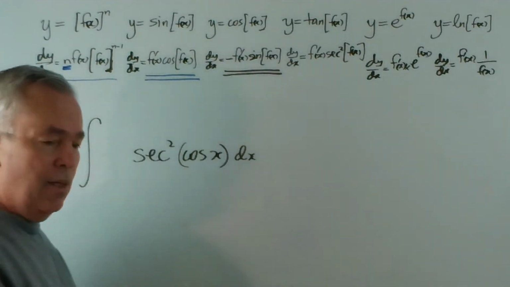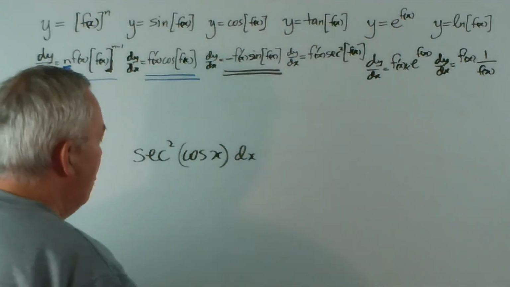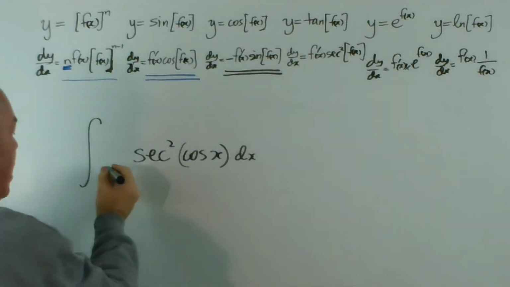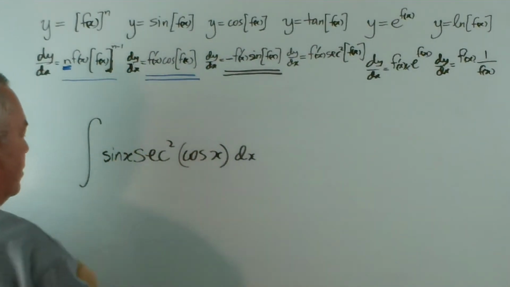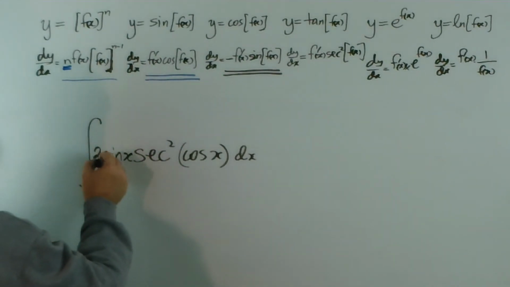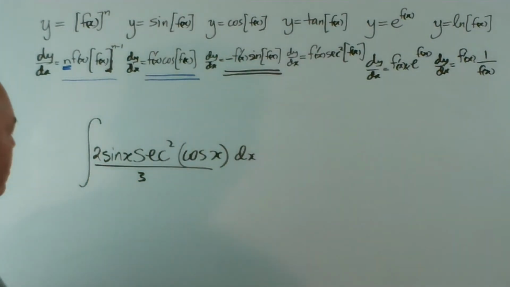But if you're doing a standard course in high school, you will have the derivative there and you should look for it. What's the derivative of cos x? Well, the derivative of cos is negative sine x. So let's imagine we've got a sine x here. And let's imagine we've got a number, 2/3. Let's imagine we've got that.